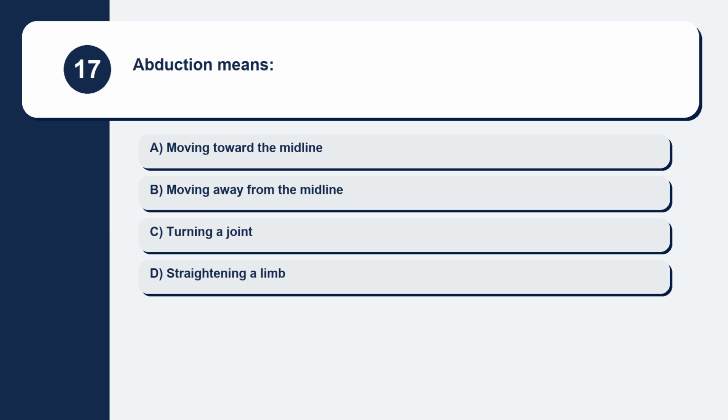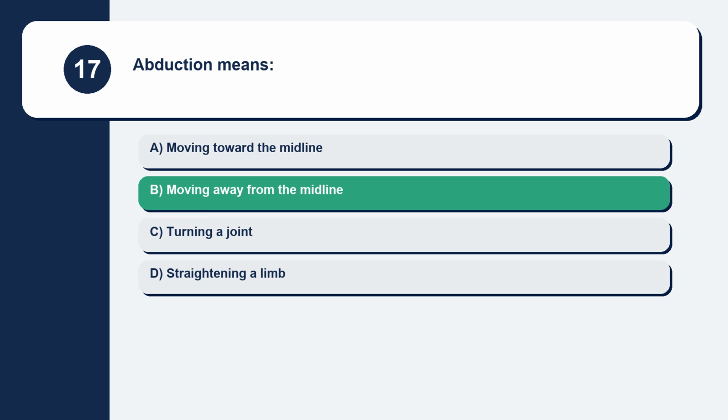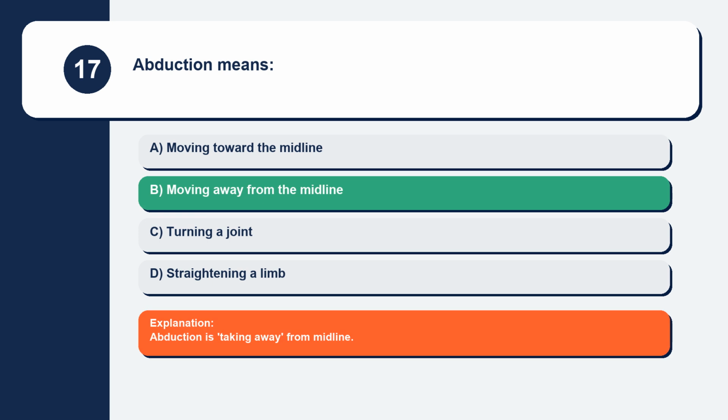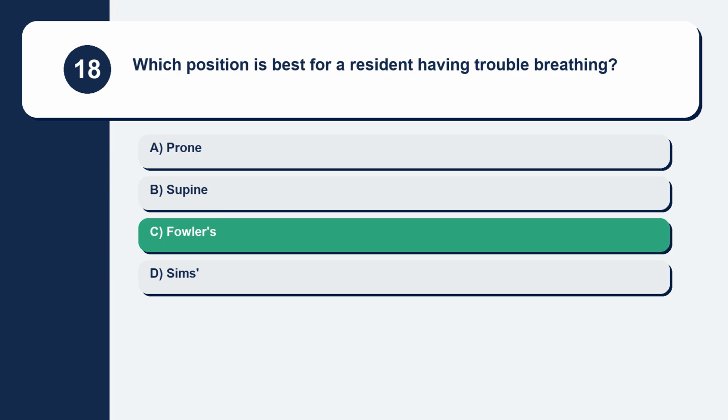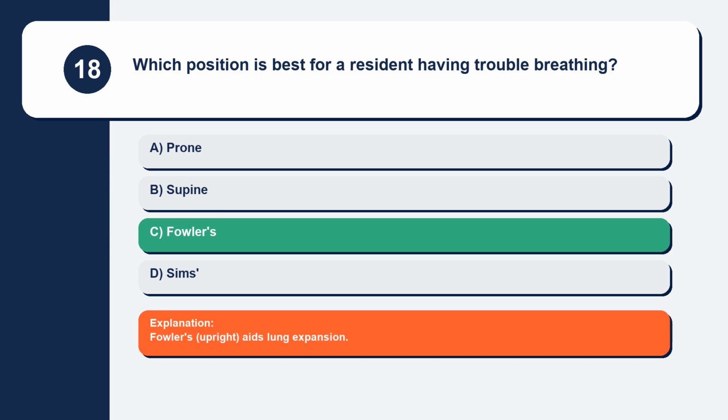Abduction means moving toward the midline, moving away from the midline, turning a joint, straightening a limb. Abduction is taking away from midline. Question 18. Which position is best for a resident having trouble breathing? Prone, supine, Fowler's, Sims. Fowler's, upright, aids lung expansion.